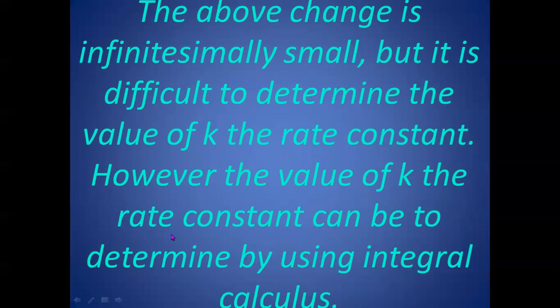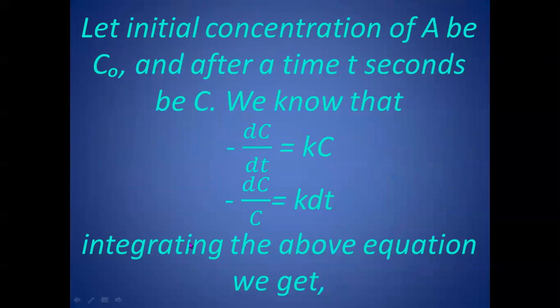However, the value of K can be determined by using integral calculus, that is by integrating the above equation. For that, let us consider the initial concentration of A as C0. C represents concentration of the reactant, C0 means initial concentration of the reactant, and here we are taking A as the reactant.